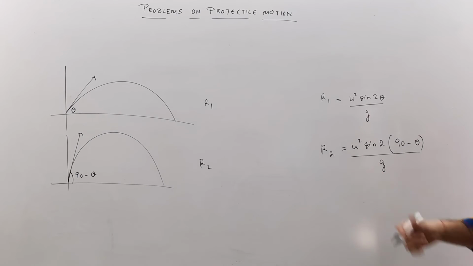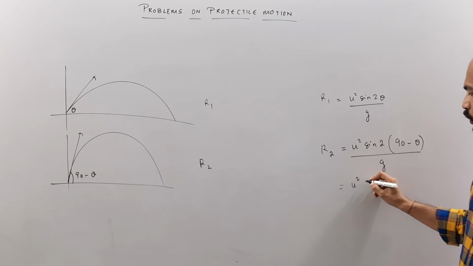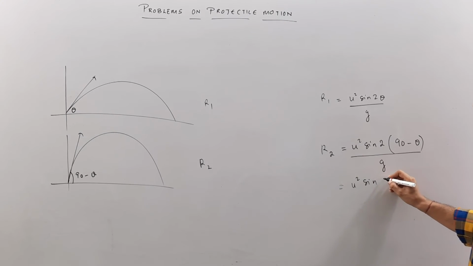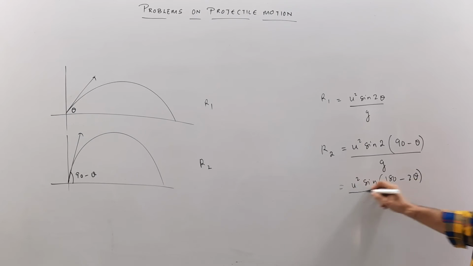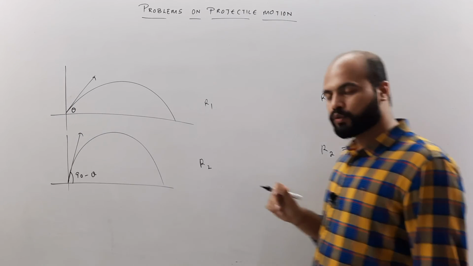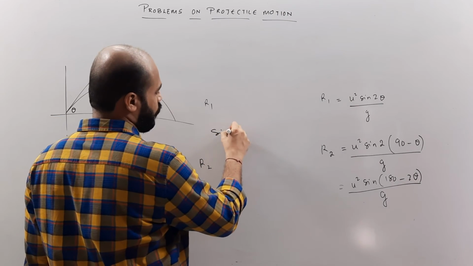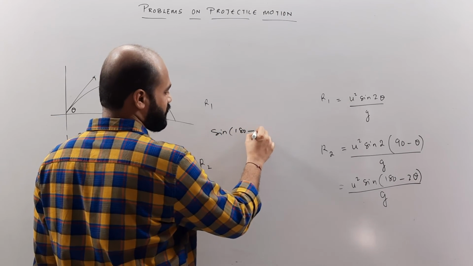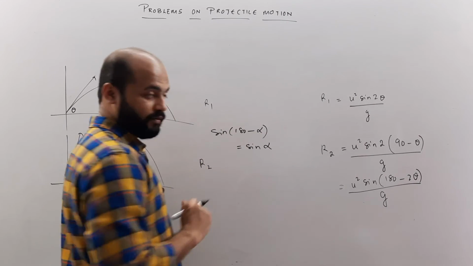Now we will simplify this expression and see what exactly happens. So u square sine of 180 minus 2 theta by g is what we get. According to trigonometry, you will learn that sine of 180 minus any angle is nothing but sine of that angle itself.